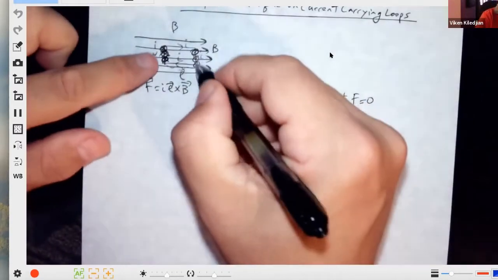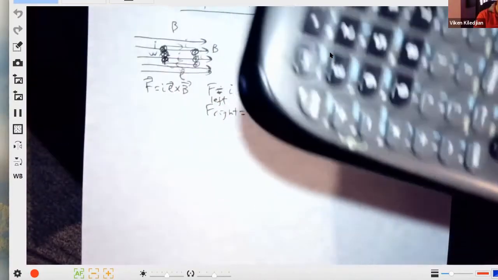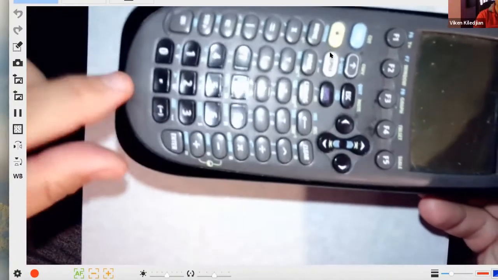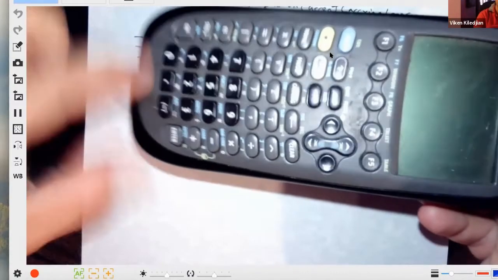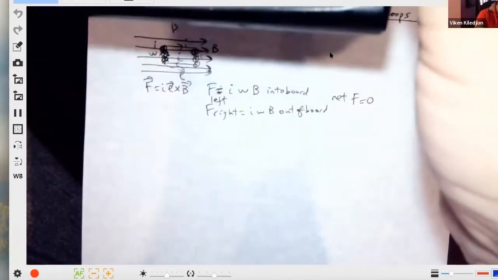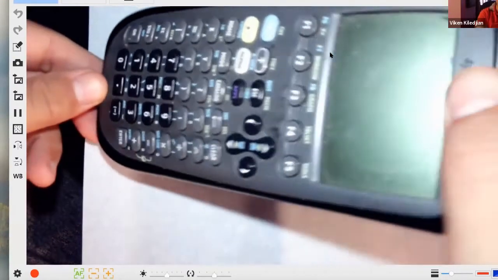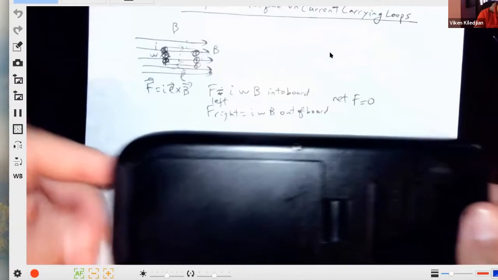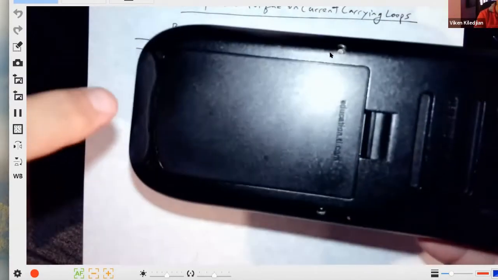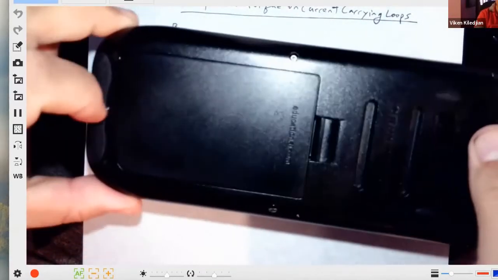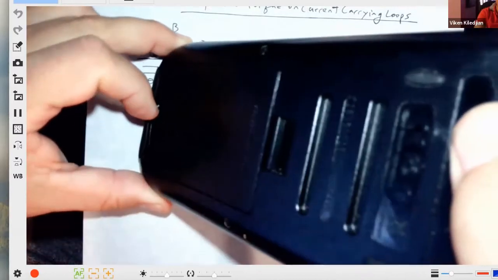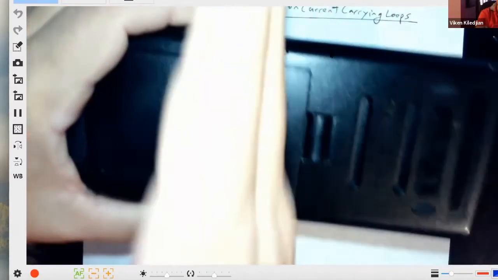So the outcome of this is like taking a calculator and taking the left side of the calculator and pushing it in, and then taking the right side of the calculator and pushing it up like this. You see? So when I push down on something and I pull up, I cause a net torque about the center of mass of the object.